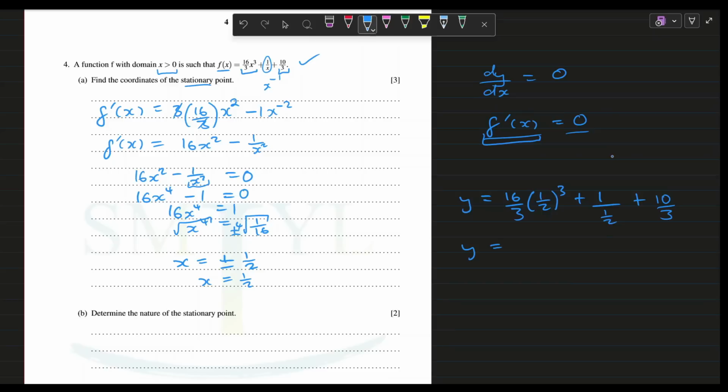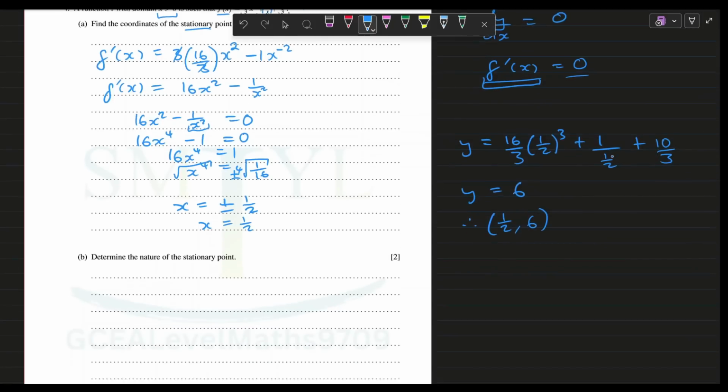Let's punch this into the calculator. We get 16 over 3 times 1 over 2 to the power 3 plus 1 over 1 over 2 plus 10 over 3, and this gives us a 6. So therefore the coordinates of our stationary point are going to be 1 over 2, 6, and that's our final answer.